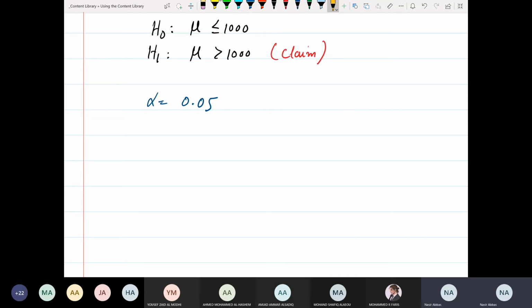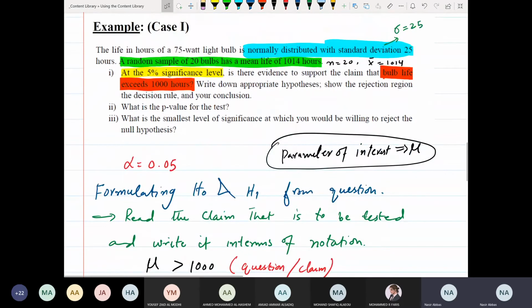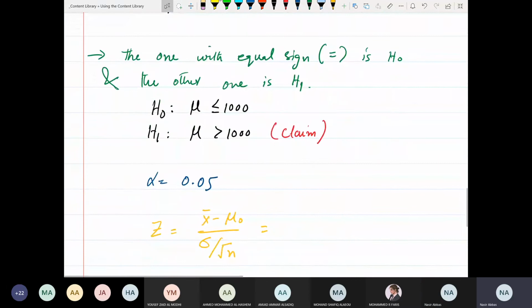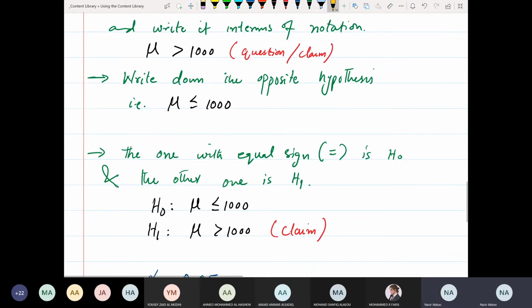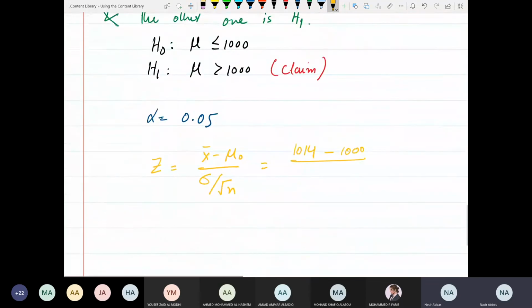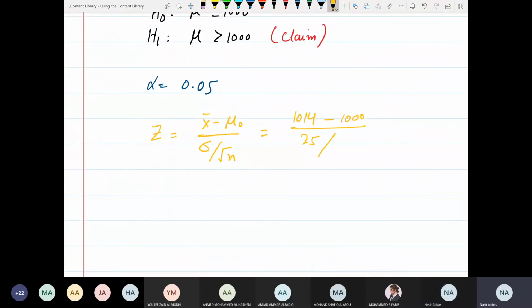This formula will be given in the formula sheet. Z is X bar minus the value of mu you are testing, divided by sigma over root of n. So plug in the values and get the value of the test statistic. Your X bar from the question is what? 1014. 1014 minus what is the value of mu you are testing under H0? 1000. So mu naught is 1000, divided by what is sigma? I think sigma was 5. What was sigma? 25. So sigma is 25 over n.